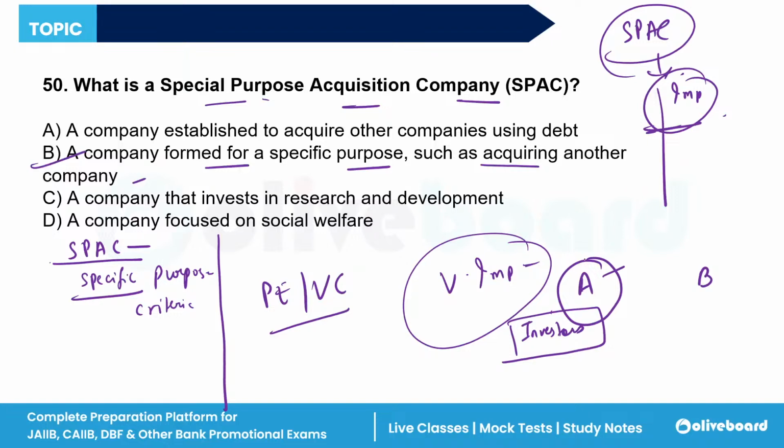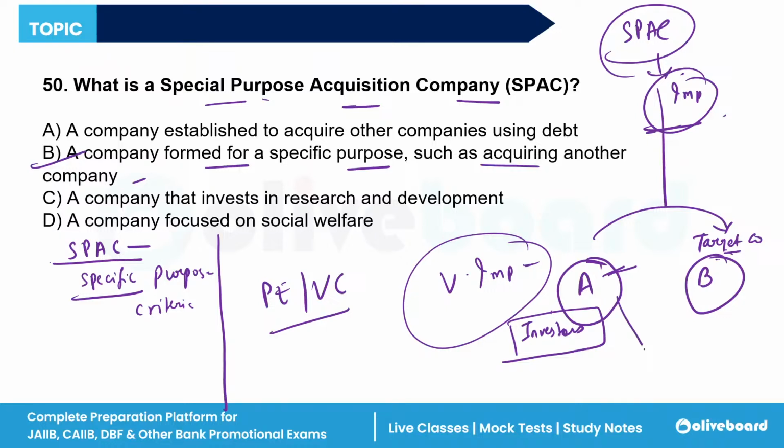This company A wants to acquire company B, a target company, but A does not have many people, as it is busy in its own work, so it needs someone to target and acquire this kind of company.